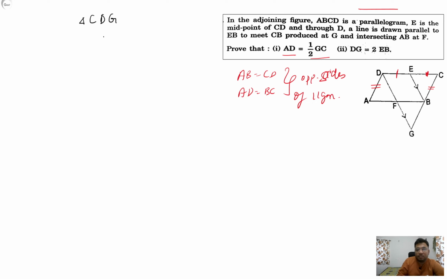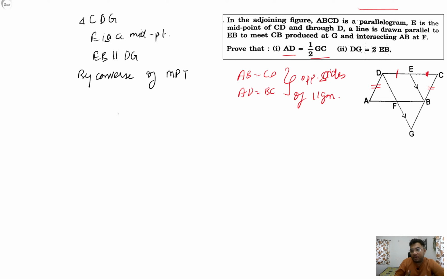In triangle CDG, E is a midpoint. It's given to me. And EB is parallel to DG. So by converse of MPD, what do we get? We have B as the midpoint of GC.